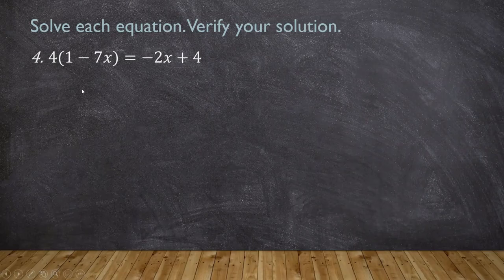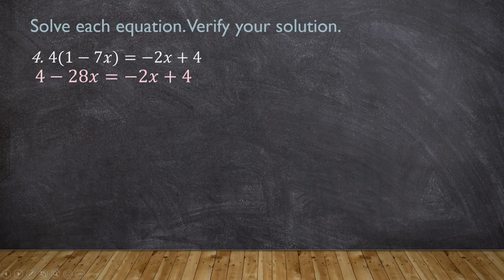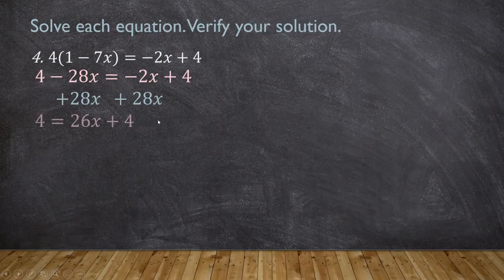For number 4, we're going to distribute the 4. 4 times 1 gives us 4. 4 times -7x gives us -28x. Next, we have a variable on both sides, so I would add 28x to both sides. That would get rid of it on the left. And then we have 26x plus 4 equals 4.